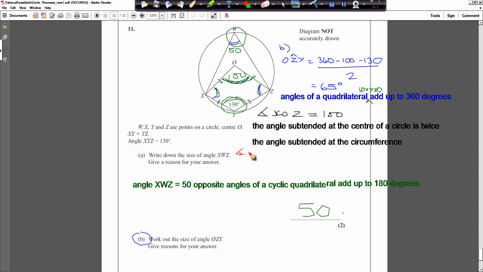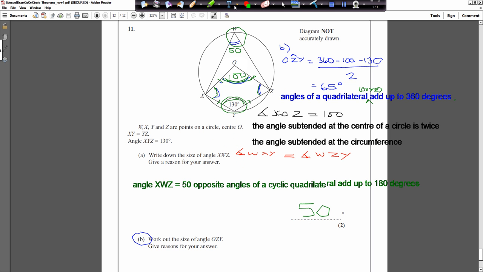So angles WXY is equal to angle WZY. Now this shape is called a kite, and it is symmetrical.